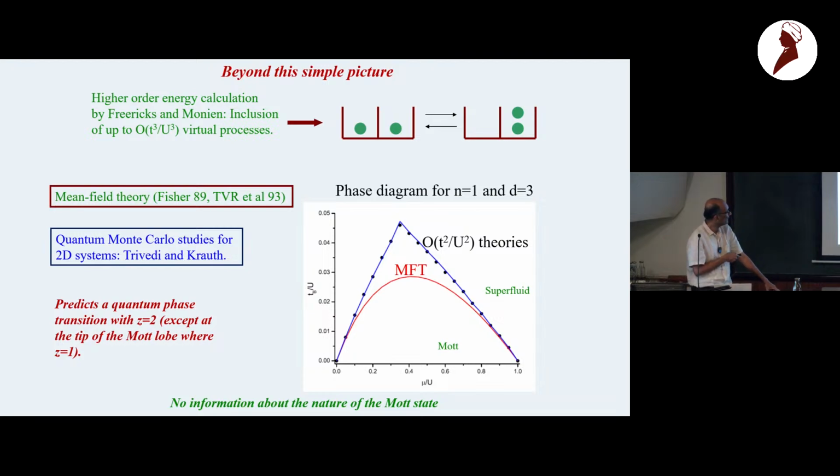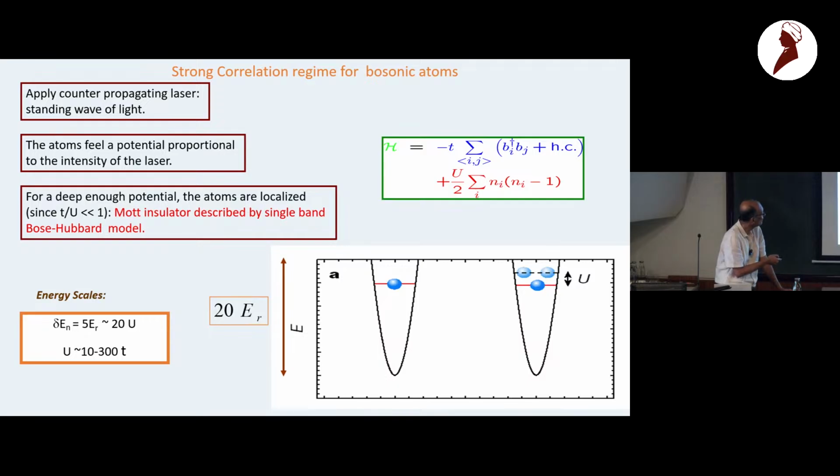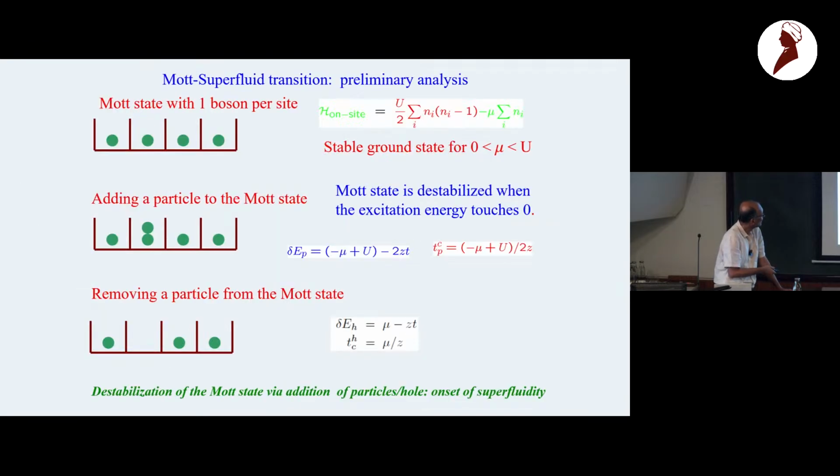positions. And the reason this happens is at the tip of the Mott lobe. I showed you that there is a critical hopping. So there is a cost of adding a particle versus cost of adding a hole. These are typically not the same. So what it means is that there is no particle hole symmetry in this model. It's different to add a particle than to remove one.